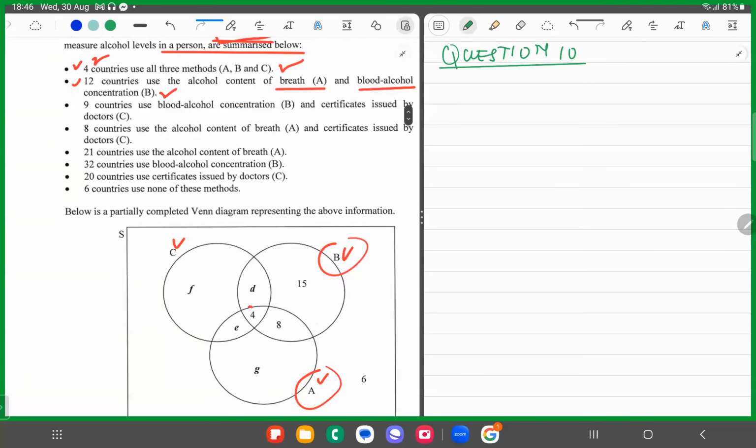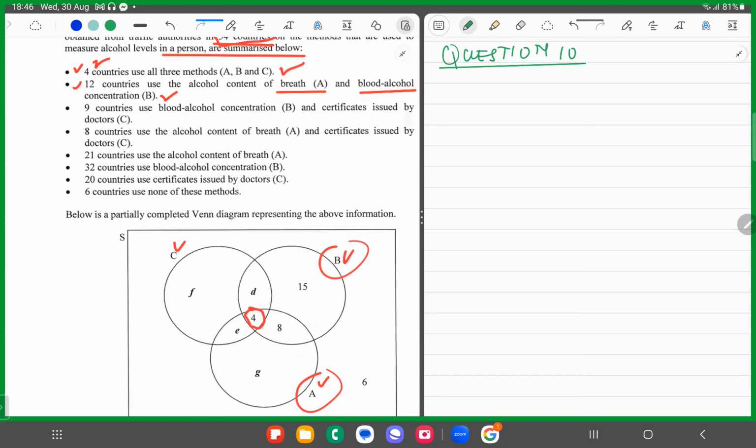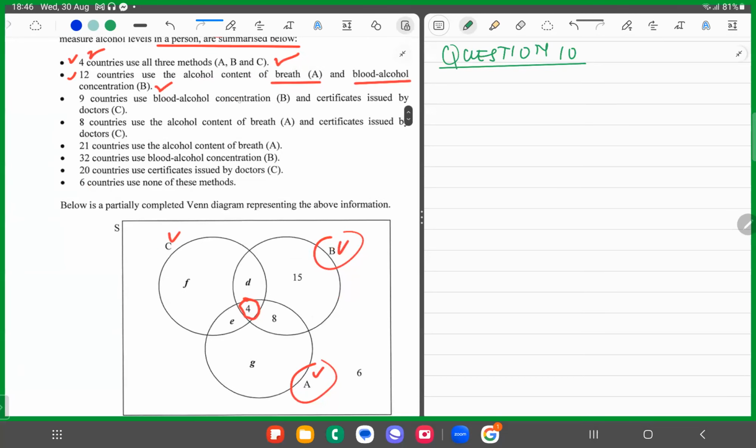You can see there that the 4 countries are using every single method.